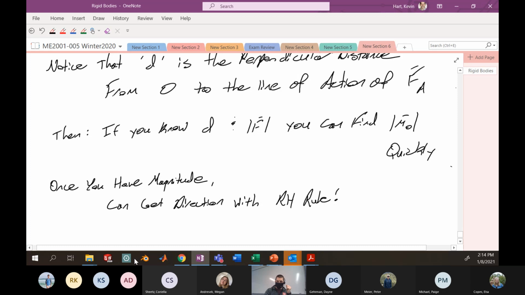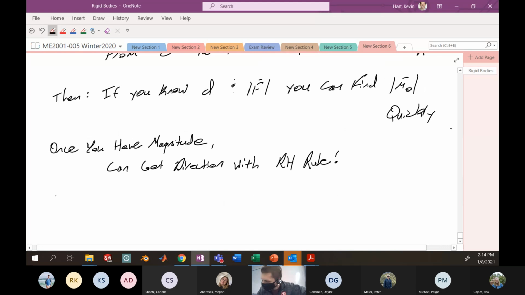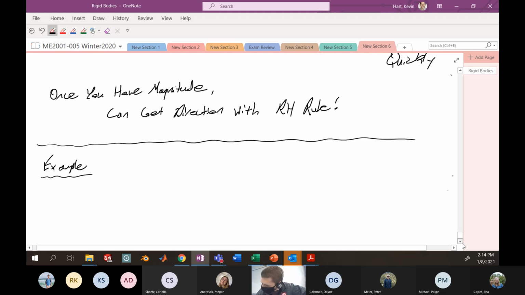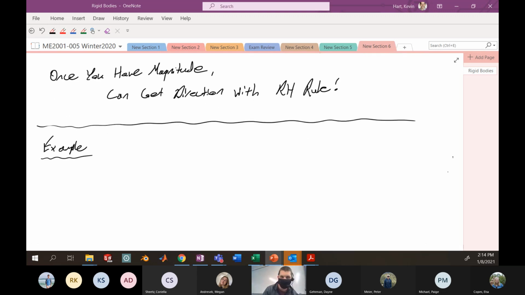Okay, so let's go through an example actually here. And we'll calculate the moments associated with this particular example using traditional methods and also using our shortcut methods so you can see both situations. All right, so let's do an example. Okay, just gonna bring this in.